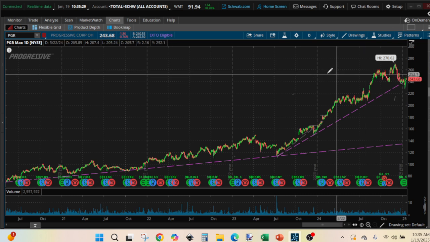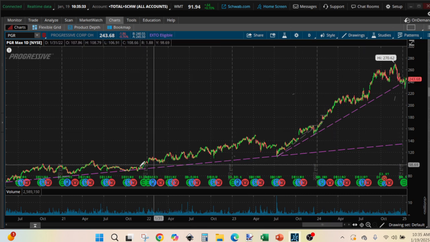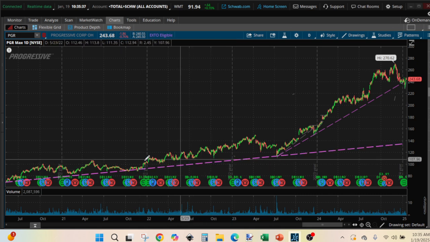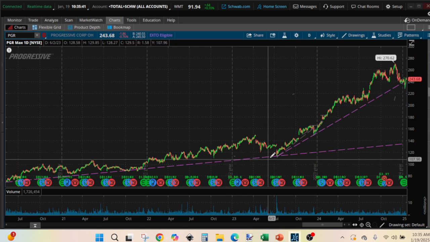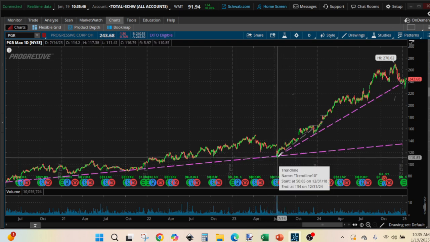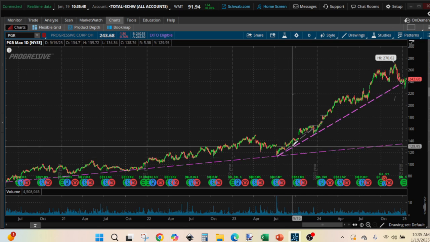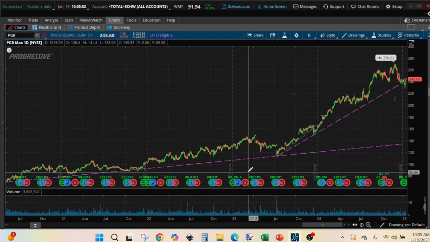So we don't know what it's going to do. But the last time it touched base with the trend line at the bottom, it was in 2021. It took all the way to 2023 before it touched base with it again, and then it went up from there.